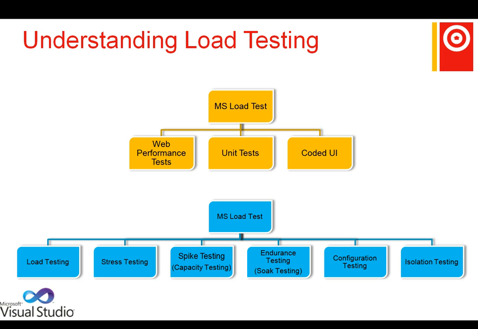Next up, we have stress testing. This is done to ascertain how much load an application is capable of taking to gain some idea of how robust the application is.